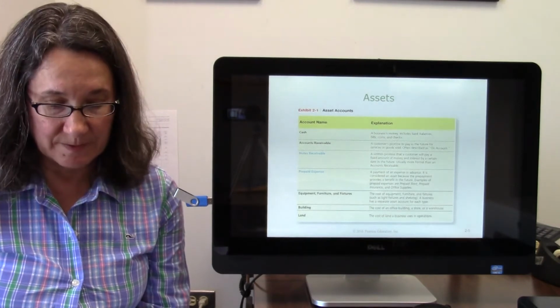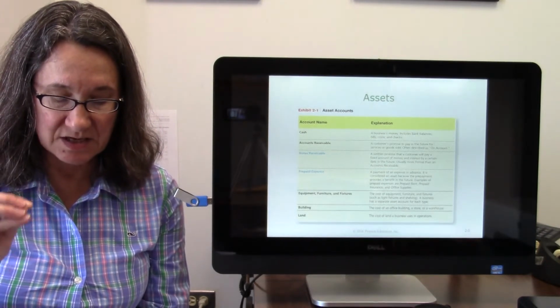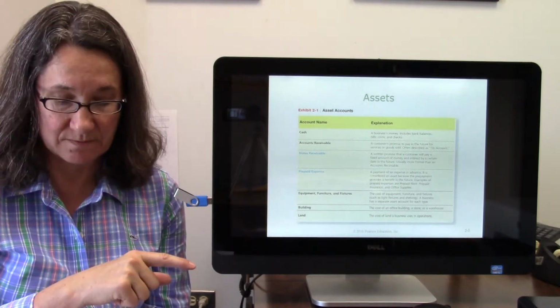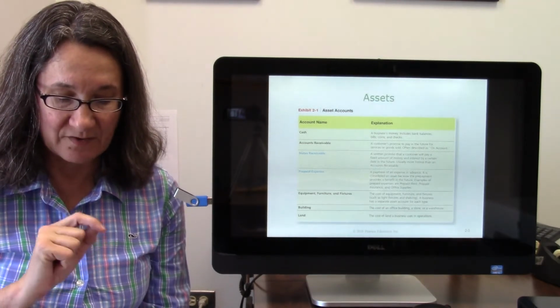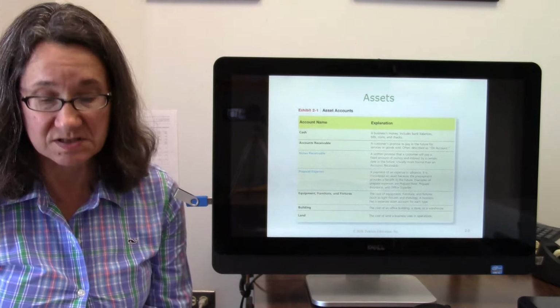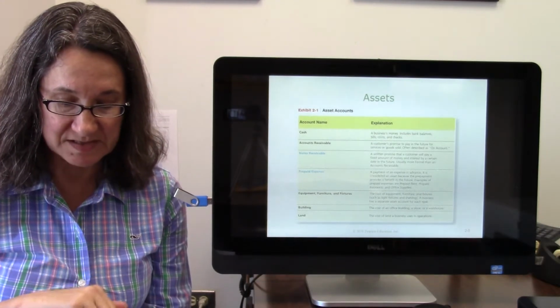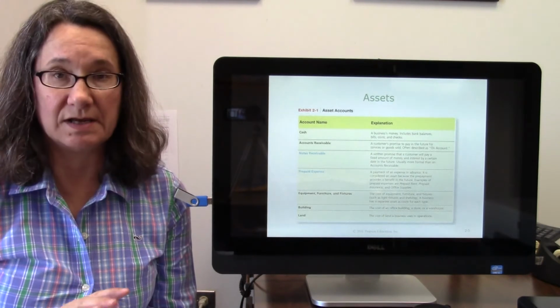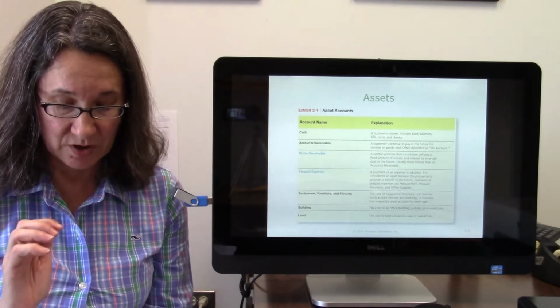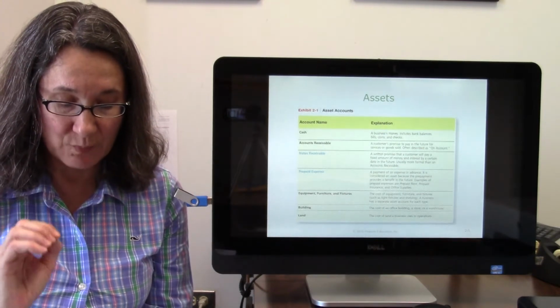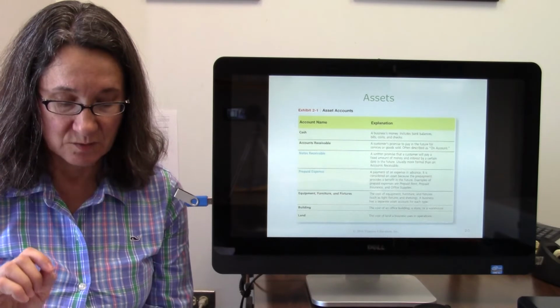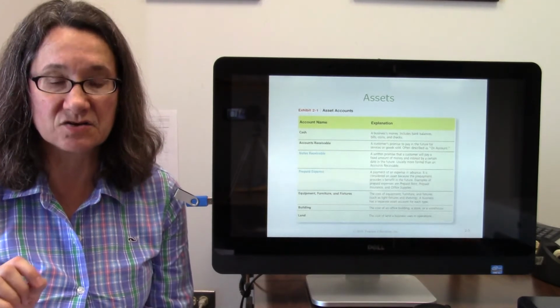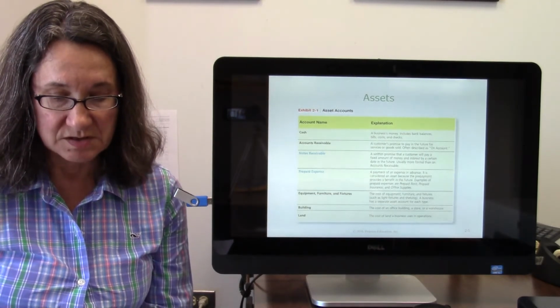Notes receivable represent a promise by a customer to pay a fixed amount of money along with interest on a specific date. Generally, notes receivable require a formal promissory note, which includes a stated interest rate. So it's a note.